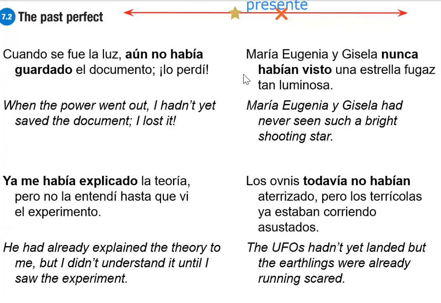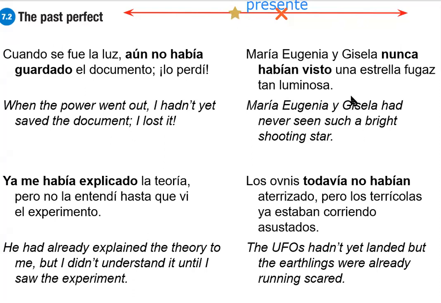So in this one right here, María, Eugenia y Gisela nunca habían visto una estrella fugaz tan luminosa. So now our point of reference isn't given to us. We don't have that here, but it doesn't matter. We still use the habían visto, just saying that they had never seen it before sometime in the past. I don't know when it was. We can go back here and it works out pretty perfectly.